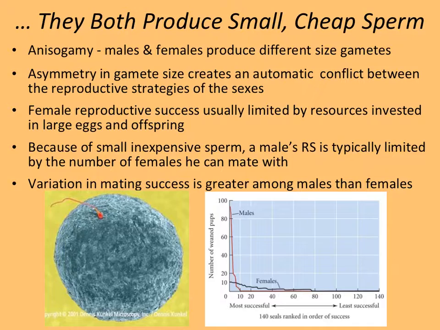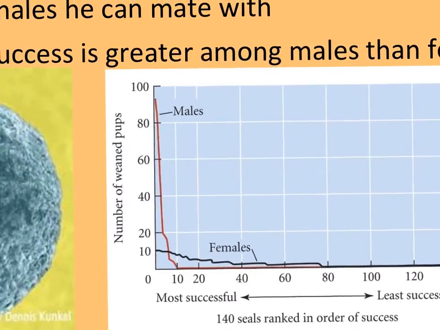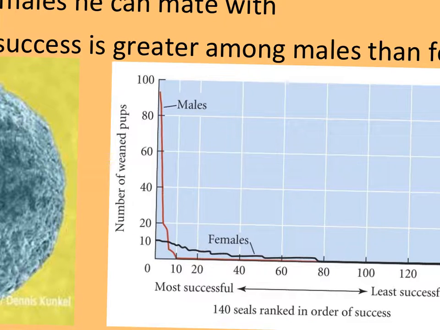So, remember I said that females are limited by egg size and number. Here we have least successful, most successful.